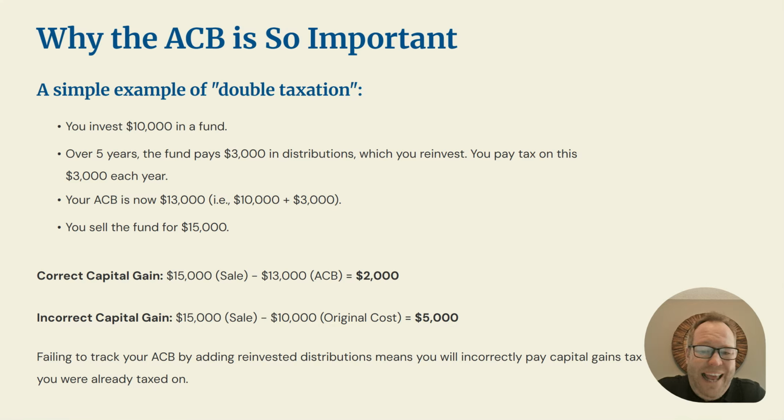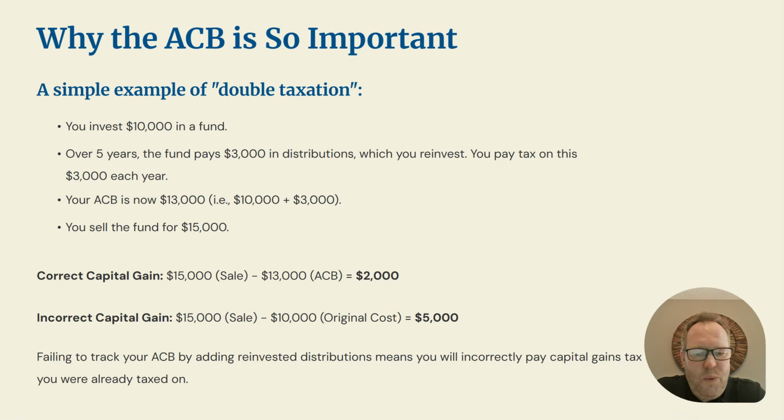It's the initial 10 plus the $3,000 that you have received in distributions. Then you go to sell the fund for $15,000. So the correct capital gain would be the sale amount of $15,000 minus your adjusted cost base of $13,000, which gives you the capital gain of $2,000.